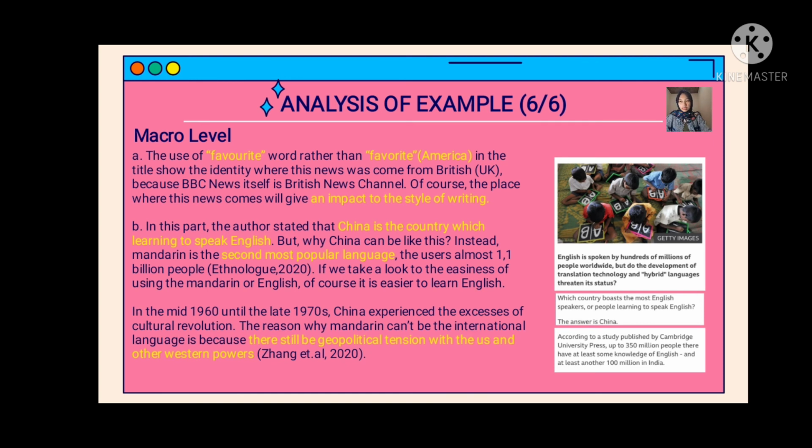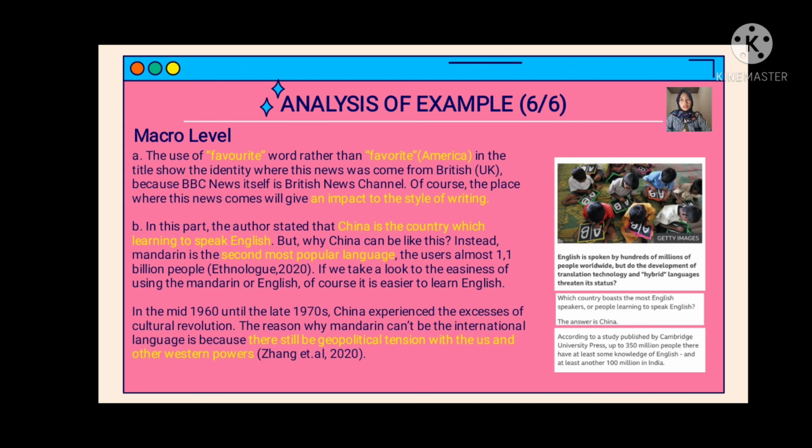For example, in the analysis here, the use of the word favorite rather than favorite America. Yes, in this news, the writer used British culture or British style rather than American.